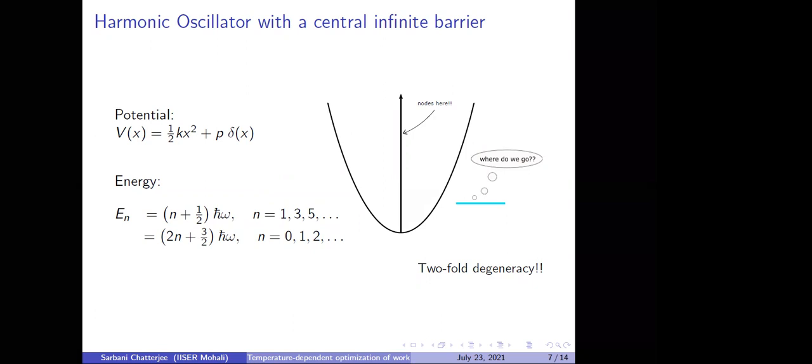This causes the even numbered states to rise up to the next odd numbered energy states. This gives rise to a twofold degeneracy. The new energy states of the system will then be (n + 1/2)ħω for odd values of n. Or equivalently, we can rewrite it as this.